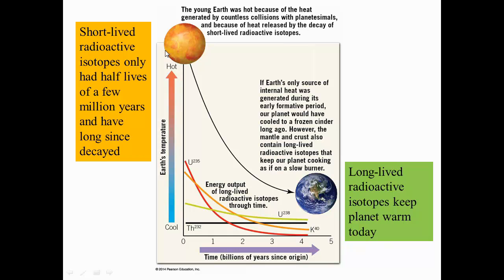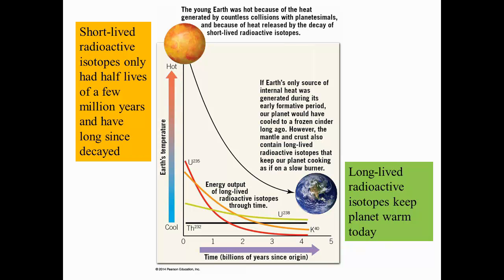So we see that young Earth began as a very, very hot planet because of the heat generated by collisions with planetesimals, and also because of the heat released by the decay of short-lived radioactive isotopes, like, for example, aluminum-26 and so on.